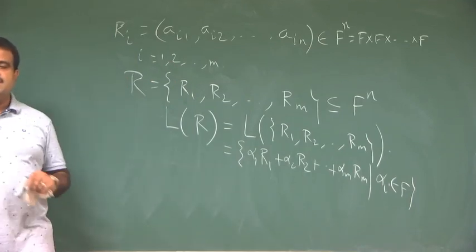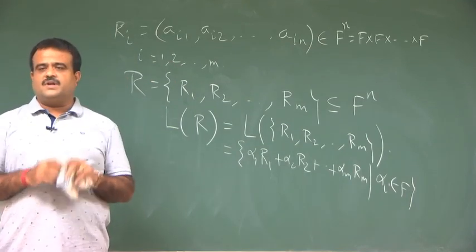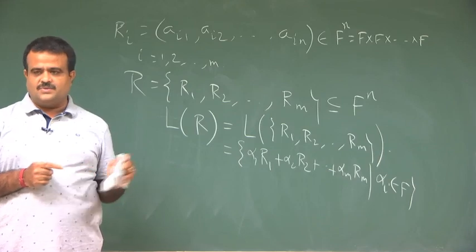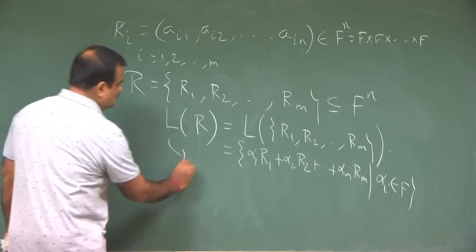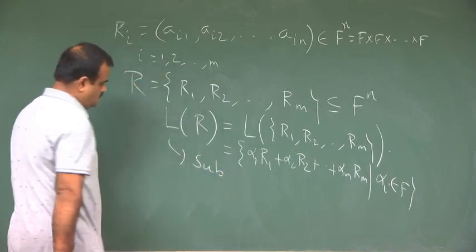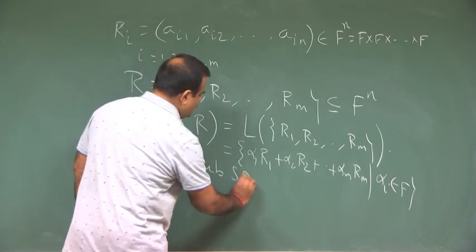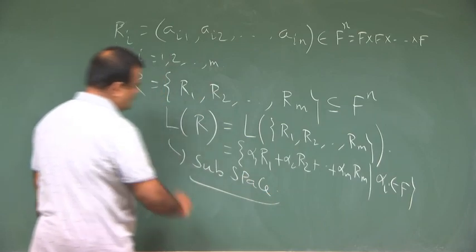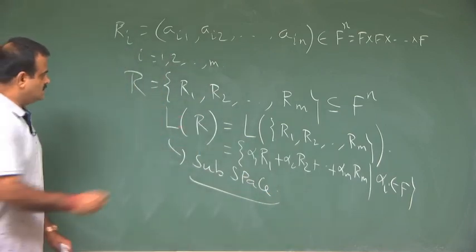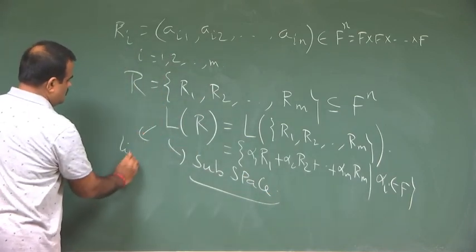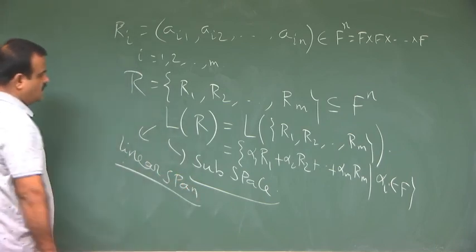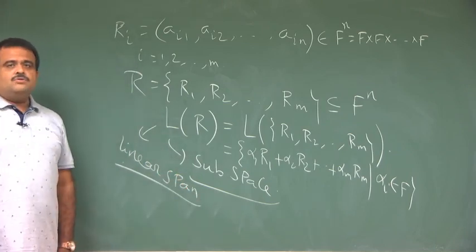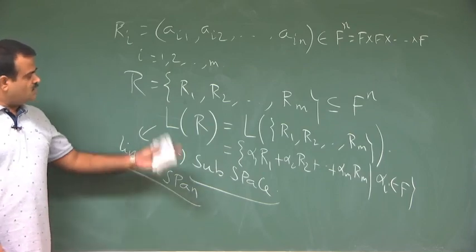So we are taking the linear span of this. This is a subspace, and we have shown this. This again forms a vector space, and this is called the linear span. We can prove that.